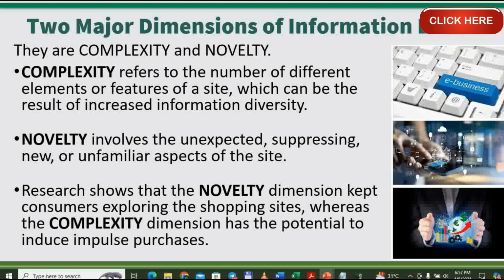But the complexity dimension of information load was what made them buy, made them impulsive in their purchase without looking too far, without exploring further, without investigating further. So you should understand the two dimensions of information load. We say they are complexity and novelty.